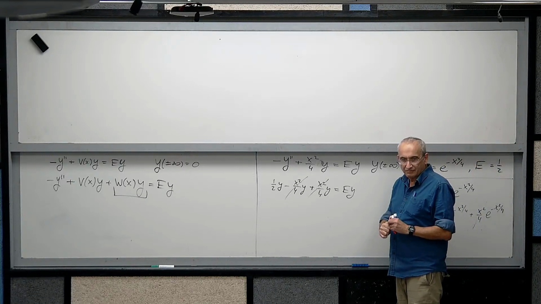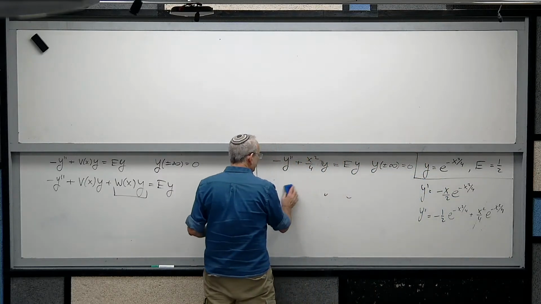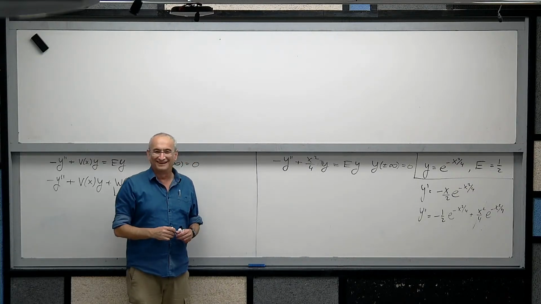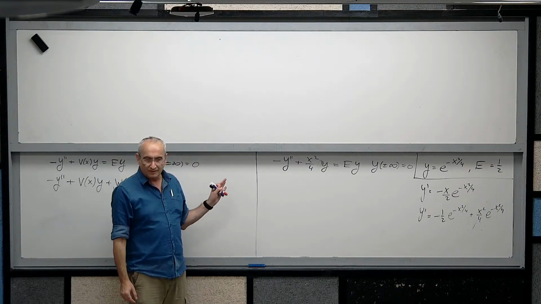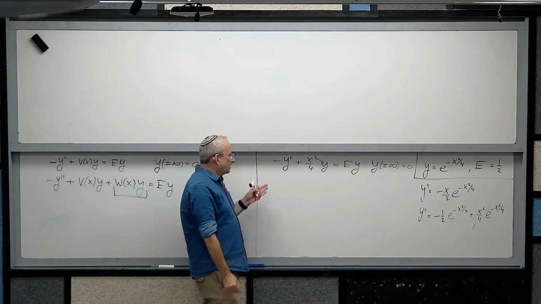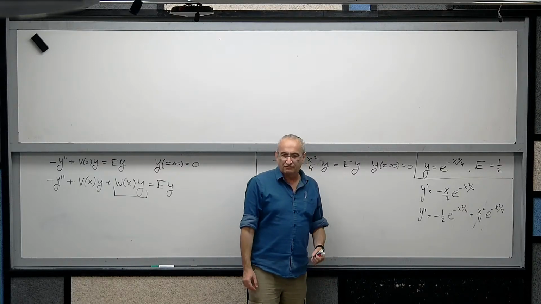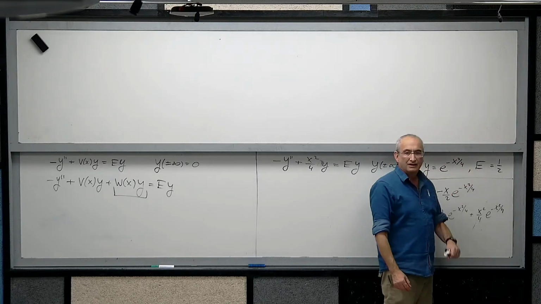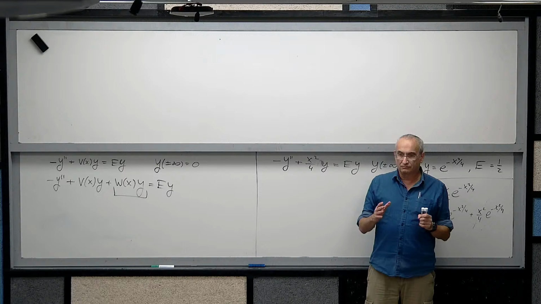Any problems? Now, I mean, if you have any problems, please let me know, because this is supposed to be the simplest part of the calculation. Okay, so I know how to solve the Schrödinger equation for the harmonic oscillator and to find the eigenfunction and the ground state eigenvalue.